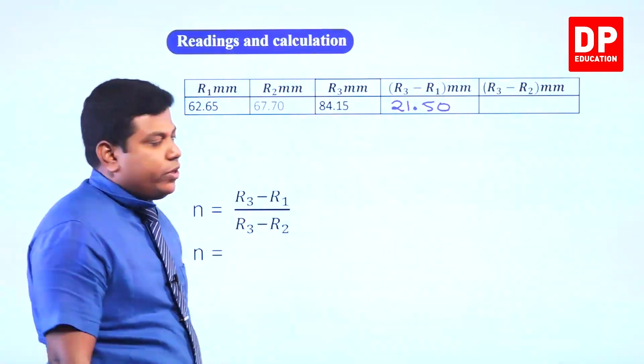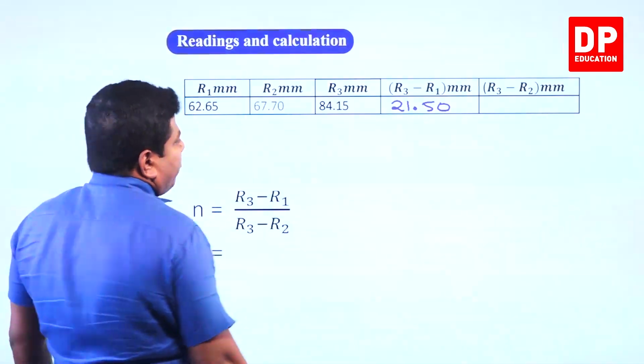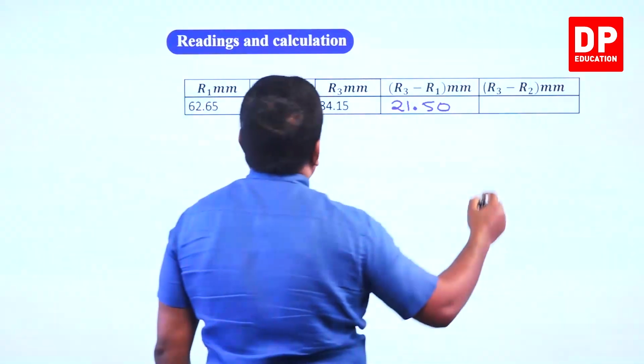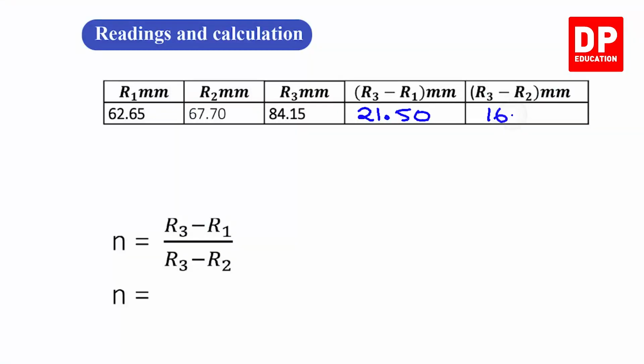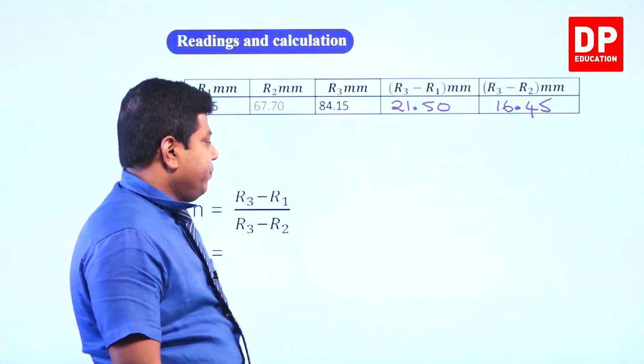In centimeters, you can say 2.15 centimeter. R3 minus R2, 84.15 minus 67.70, is 16.45. Yeah, 16.45 millimeter is the apparent depth you are getting.